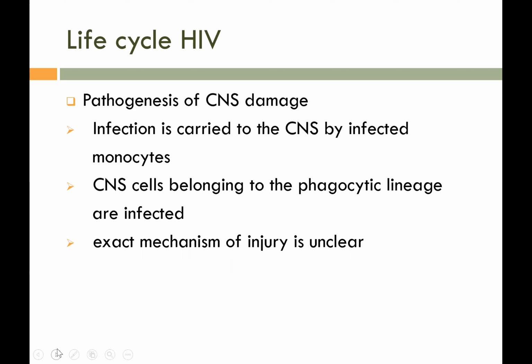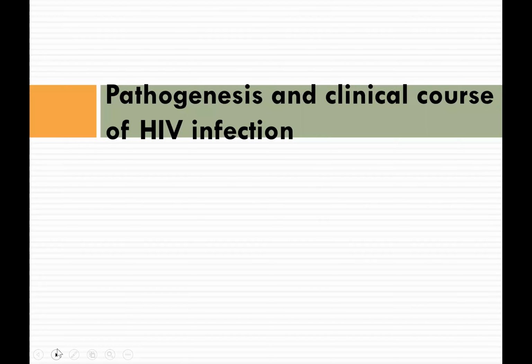So when you enter this phase, you are now looking at more likely a patient with AIDS. The CNS damage is because the infection is carried to the CNS by infected monocytes. The exact mechanism of injury is unclear.